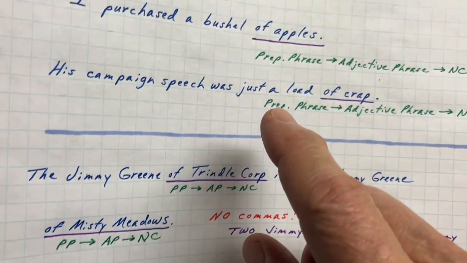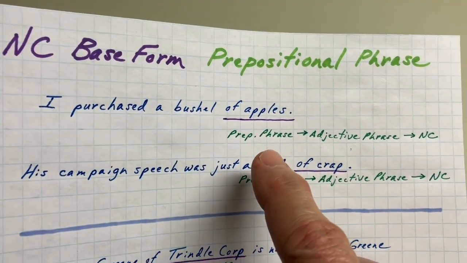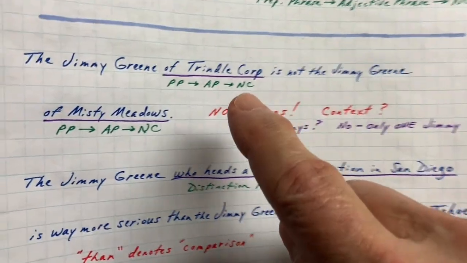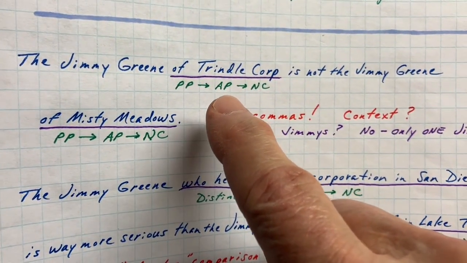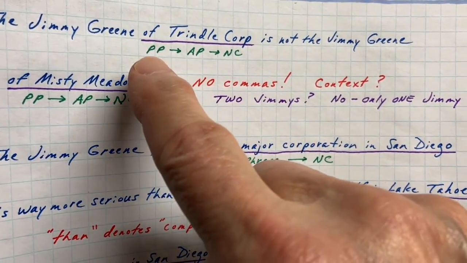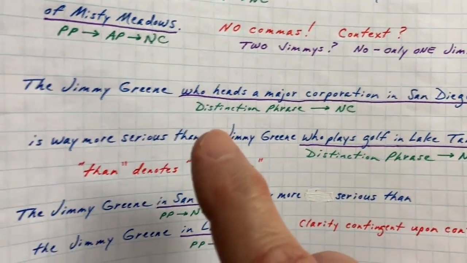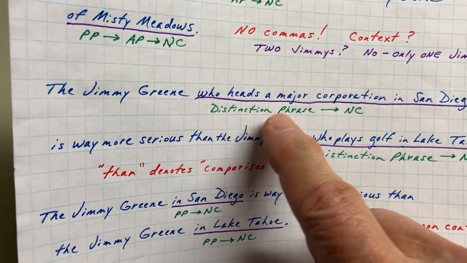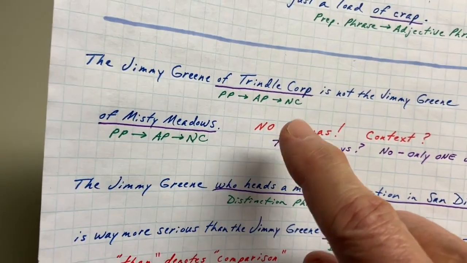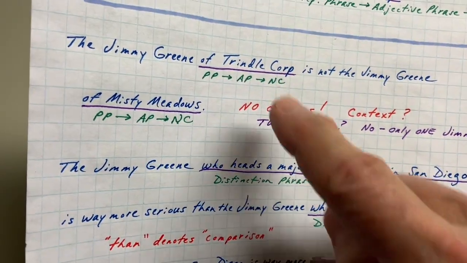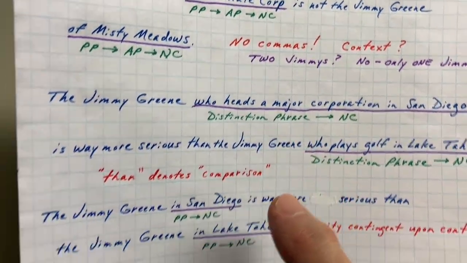In either way you state what you're stating here, there's the essence of the noun complement here. Okay, now it's a prepositional phrase, and there's the essence of the noun complement in the distinction phrase. So I conclude that they are kind of related. They are kind of cousins, all right?